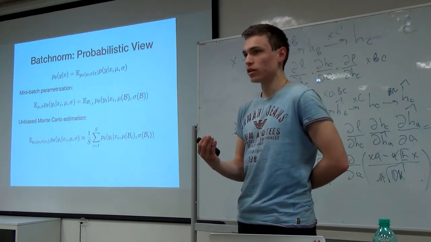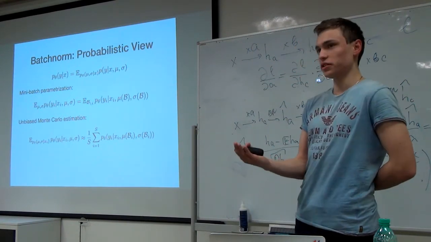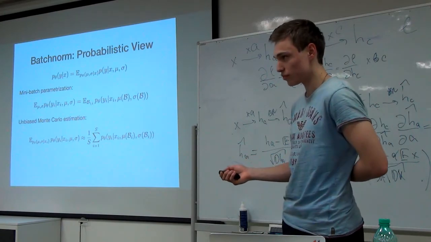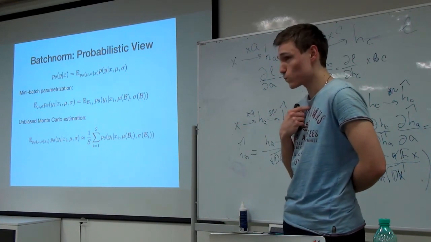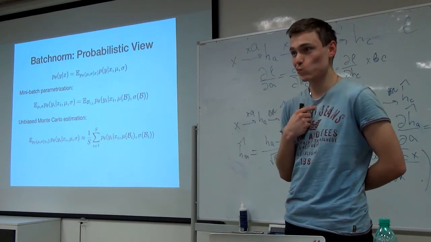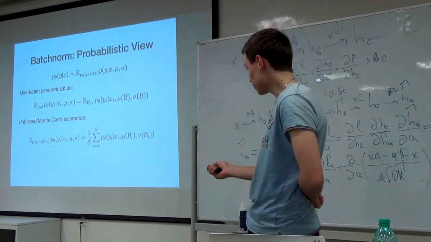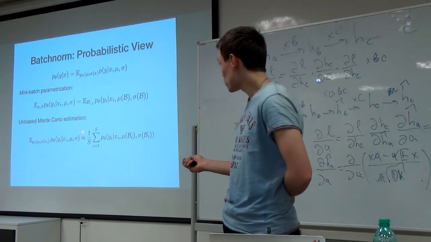But there is some inefficiency here actually. Can you see what it is? I'm pretty sure that you can see, but maybe someone else can see what is inefficient in the last formula. Why is this procedure inefficient?